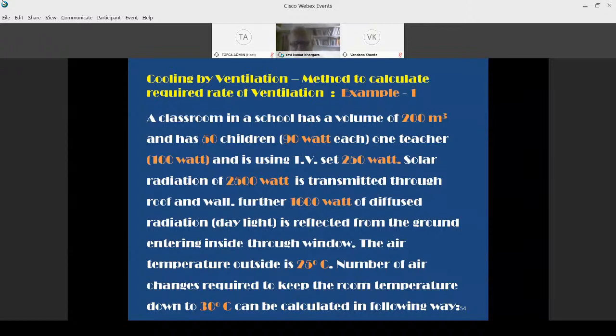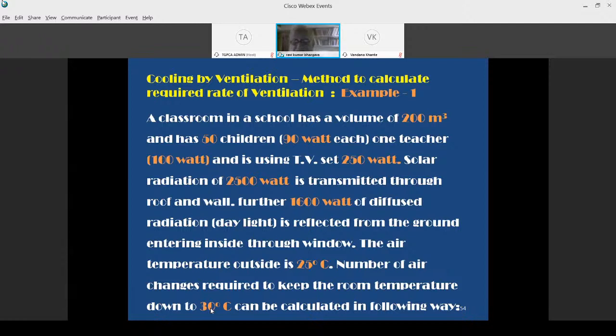Now, what has happened because of all this heat gain is that the inside temperature has increased to 30 degrees Celsius. All the 1600, 2500, 250 watts are responsible for this increase of temperature up to 30 degrees.